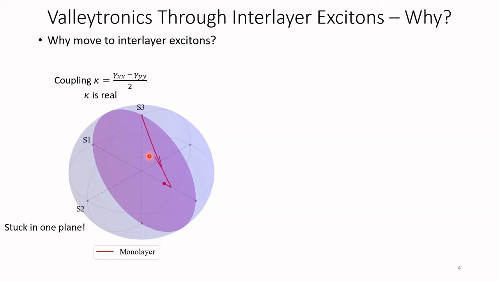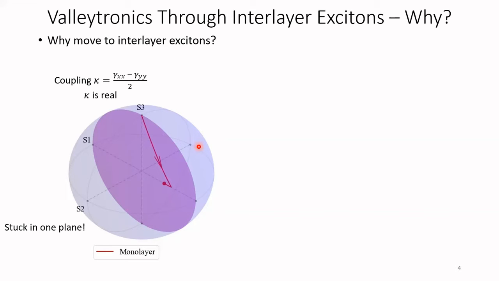That causes your pseudospin state vector to always be stuck in the S1-S3 plane, or the XZ plane, of the Bloch sphere. So no matter what you do, you can't get out of this.